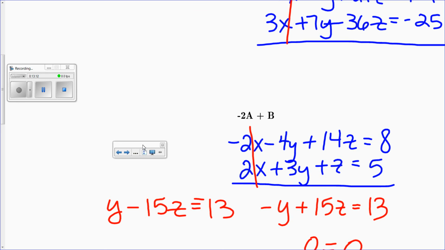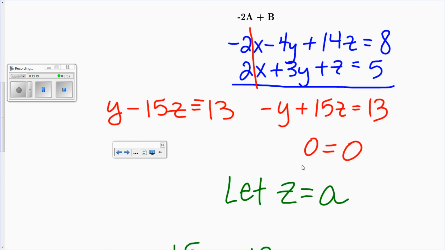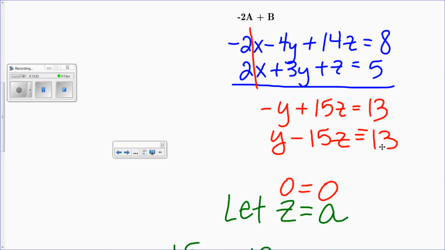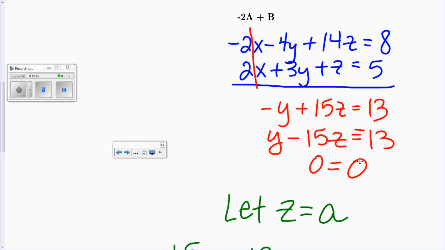So we wouldn't say they're inconsistent. In fact, if we were to add them together, we would find that we get 0 equals 0. This is a true statement. So this is how we know that we have infinitely many solutions.